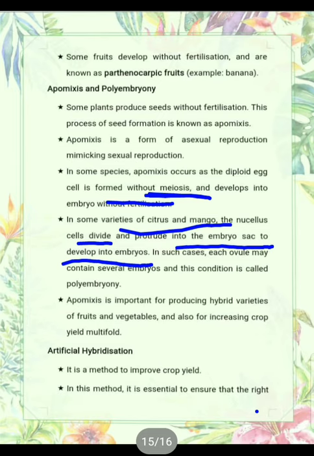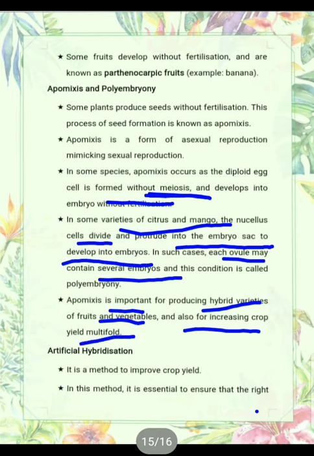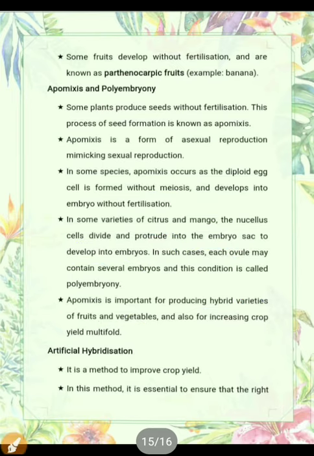In such cases, each ovule may contain several embryos, and this condition is called polyembryony. You can see in the citrus, in the lemon, that one fruit contains many seeds. So apomixis is important for producing hybrid varieties of fruits and vegetables, and also for increasing yield multifold. This is about apomixis and polyembryony.